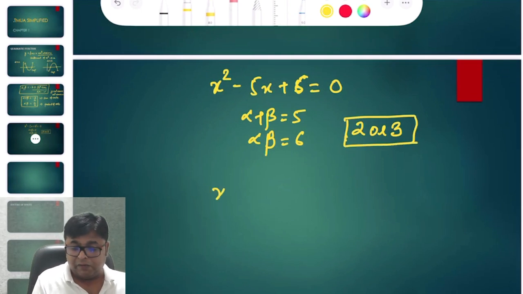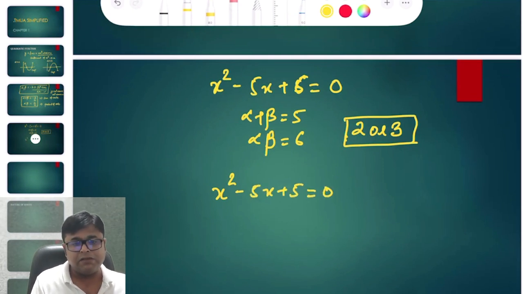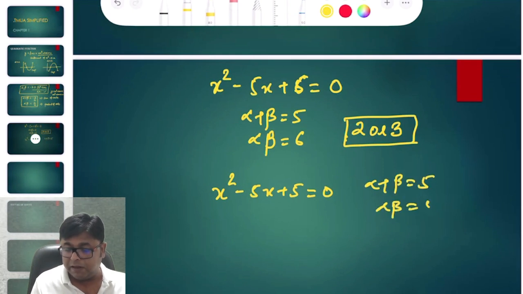But if our equation becomes a little complex, where it is not easy for me to split into product and sum with rational numbers, we have to use the formula. So for this, the sum of two numbers is 5 and the product of two numbers is 5. So the two numbers cannot be rational or integers, right? Then I have to use the formula for alpha and beta.